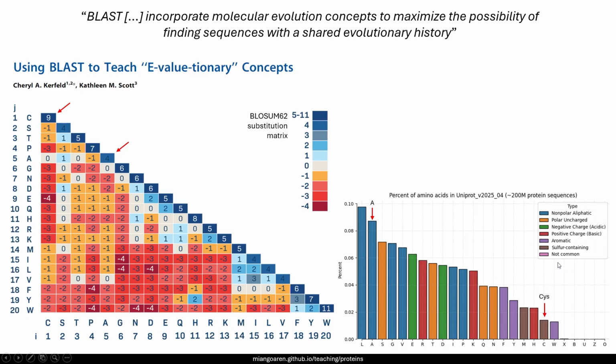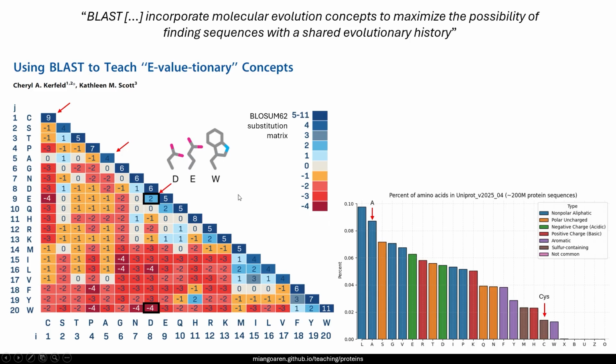So its chemistry, its evolutionary context, as well as the frequency that we observe in the databases, lead us to suggest that mutations, due to their biochemical context, are less likely to occur between amino acids from the same groups.